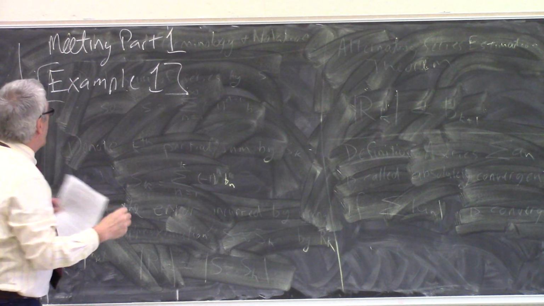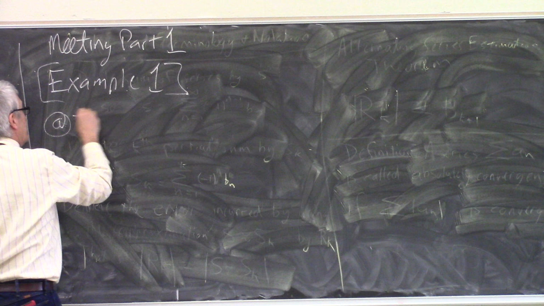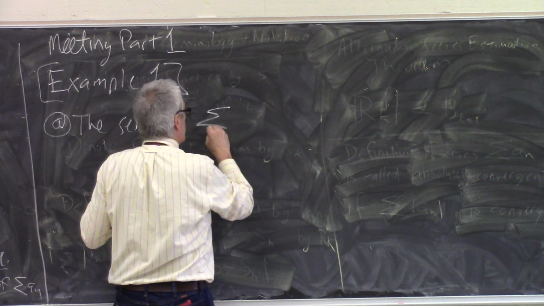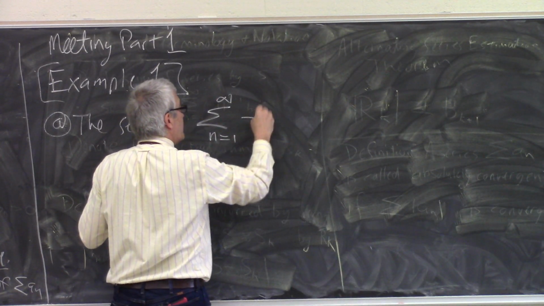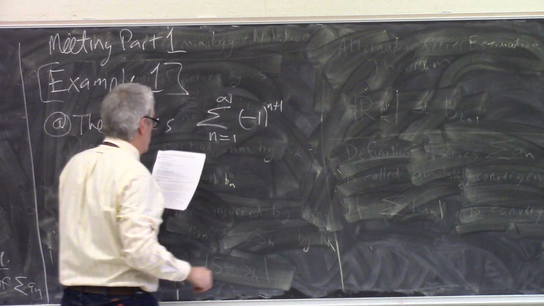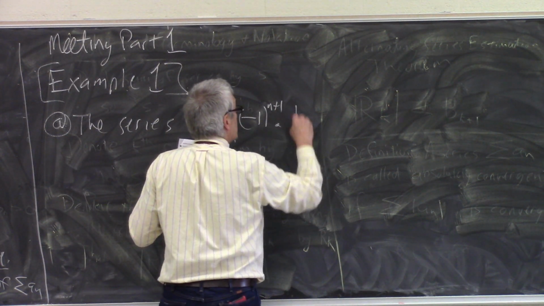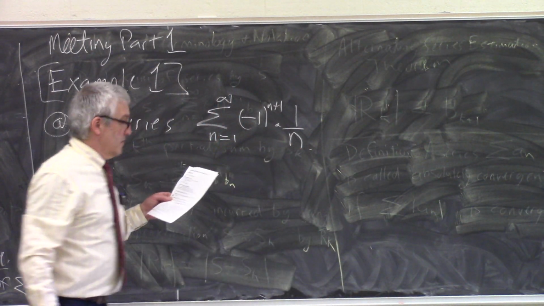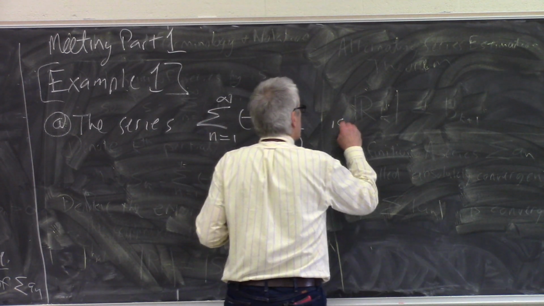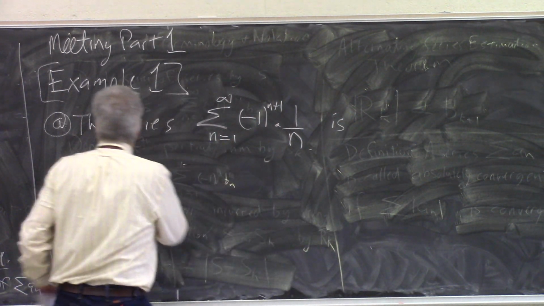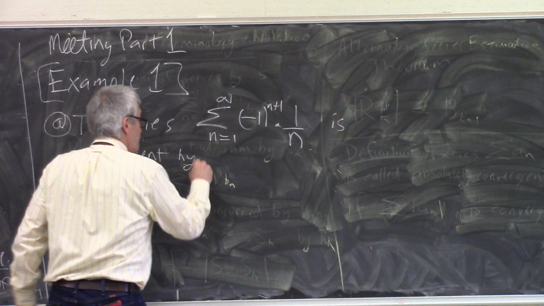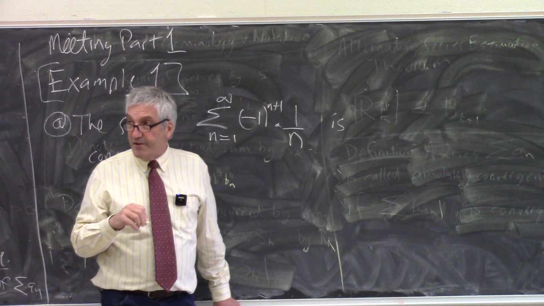So, this series, the sum from n equals 1 to infinity of minus 1 to the n plus 1 times 1 over n. That's an alternating series. And that's convergent by the alternating series theorem.